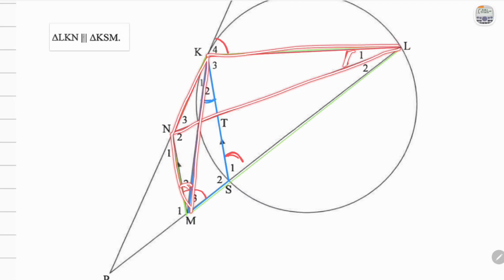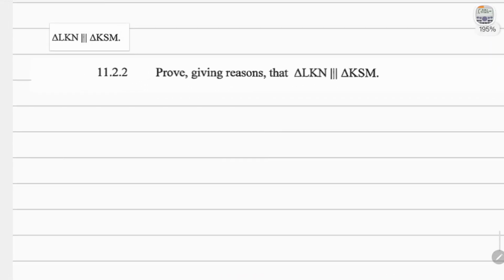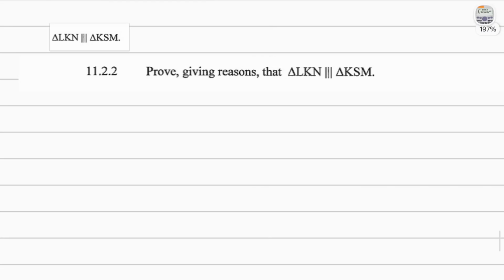So those would be equal. So now we have moved from angle L1 to angle M2. Now notice that angle M2 is next to a parallel line, so we can form alternate angles over here. And there we go. So angle M2 is equal to angle K2. So let's go ahead and start off with that. We'll introduce our triangles and then show them that those two angles are equal.